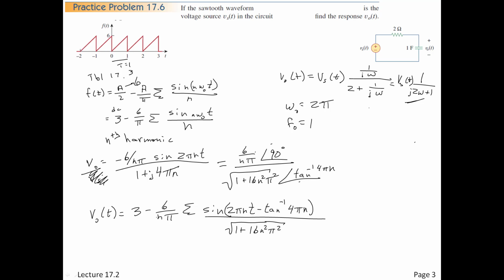And actually, I'm going to take this n out of here and put it back under here because we're doing n equals 1 to infinity in there. So this is what we'll have for the output as a function. Whoops, all of this should be times.